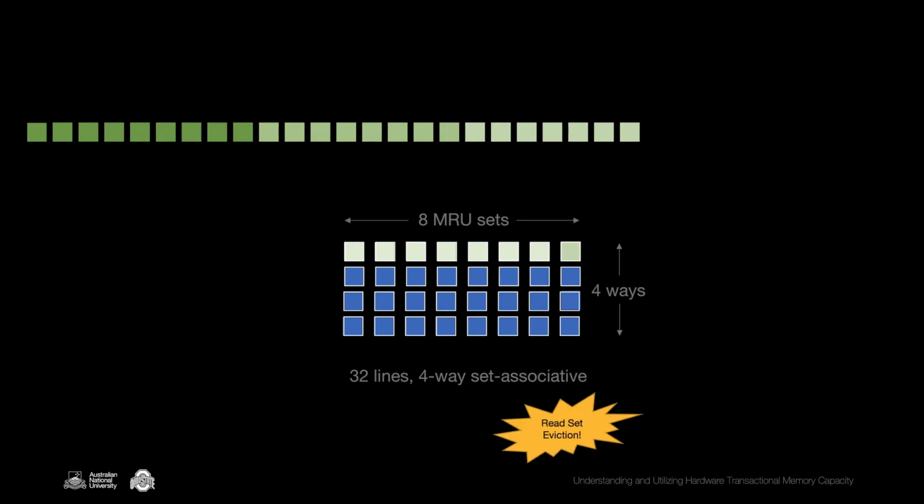Until the transaction accesses one more line, it evicts the most recently used line in the rightmost set, which is part of the transaction. This causes an immediate abort of the transaction. In this case, the read capacity is much smaller than the cache size. The situation is even worse on real CPUs because the way size on actual hardware is much greater than 4.